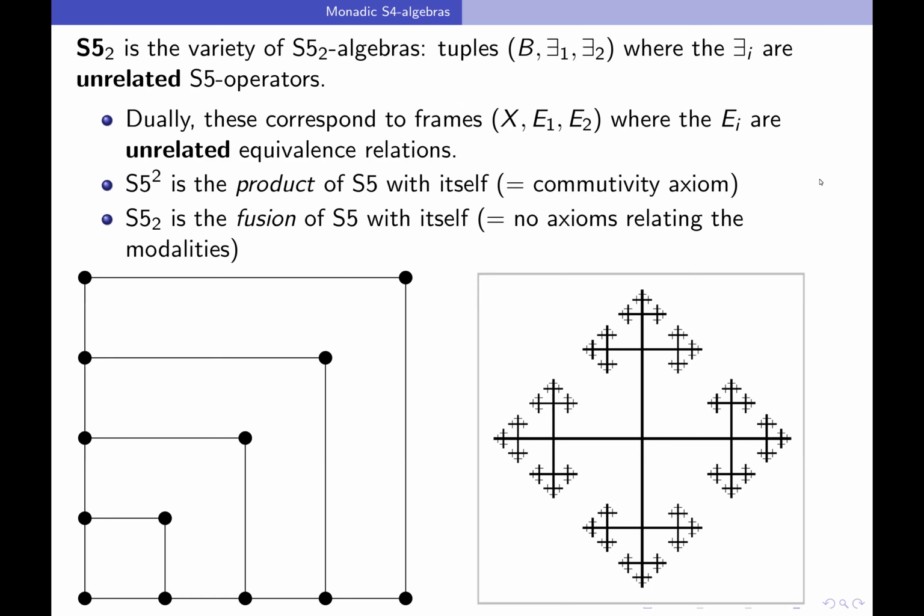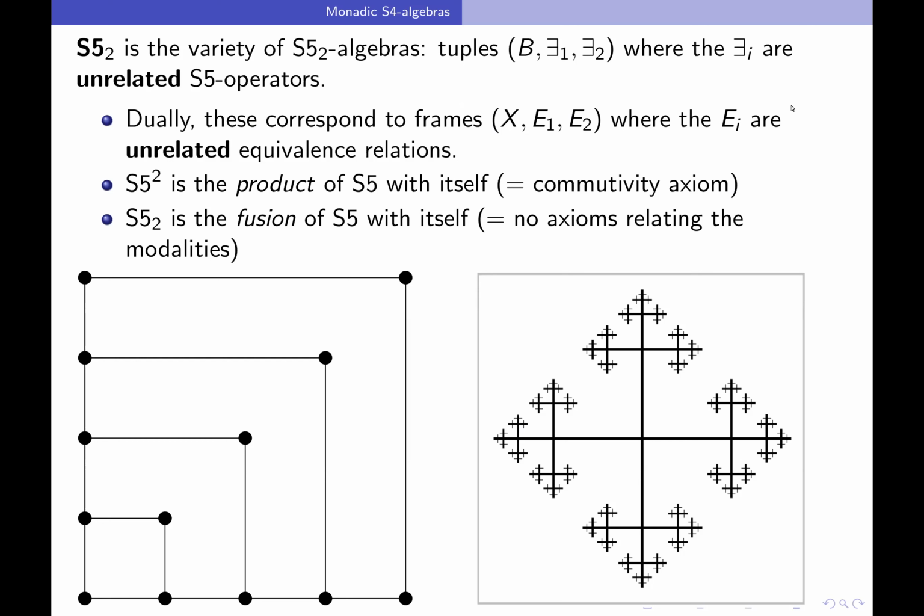Okay, so now to generalize the negative results, I need a little bit of background. S5 subscript 2, which I will read as S5(2) instead of S5 squared, is very close to what we've already been talking about. It's the variety of these S5(2) algebras.